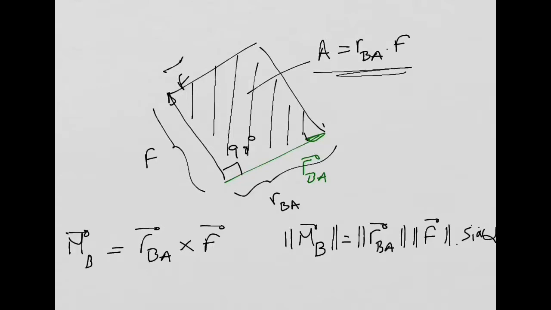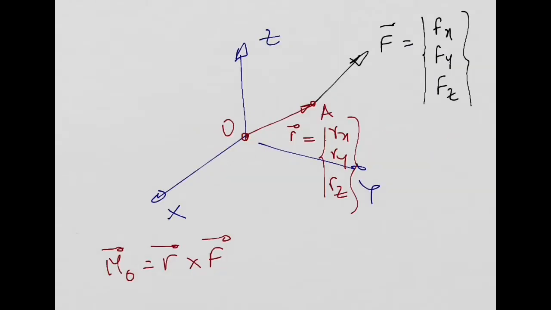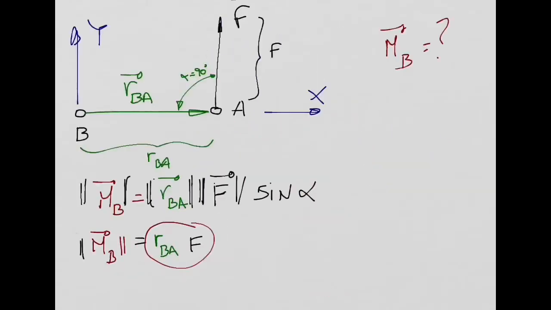And then I told you last week that the norm of the vector which is the result of a cross product is equal to this area. Which confirms, look, in this previous example we considered this angle 90 degrees.